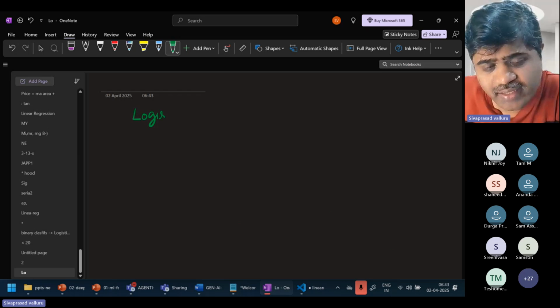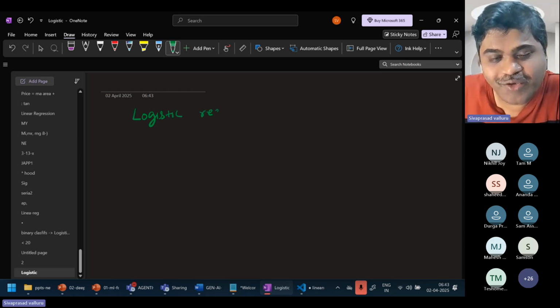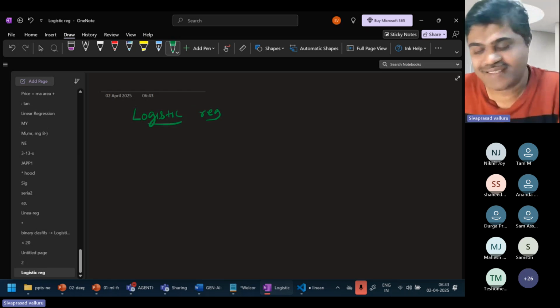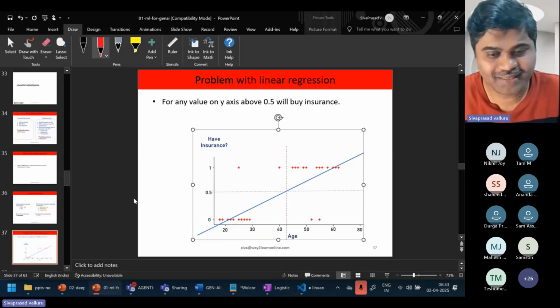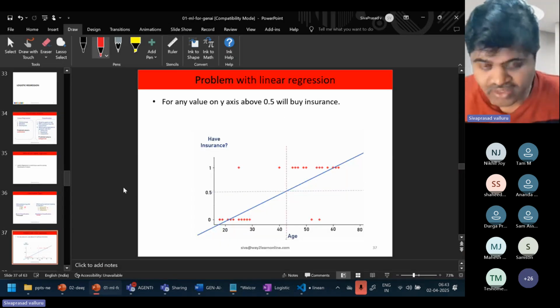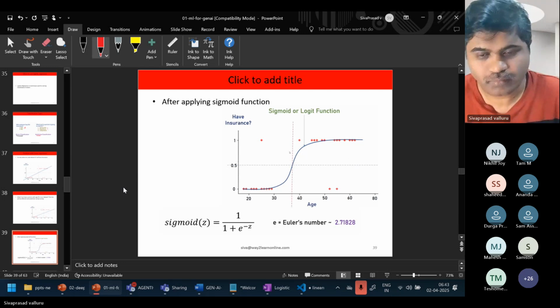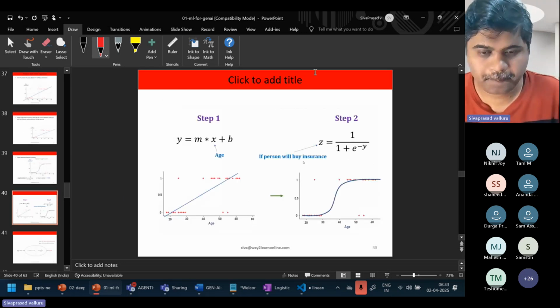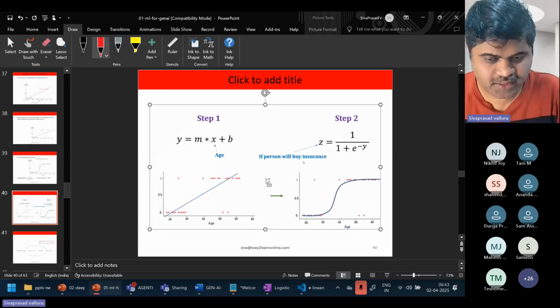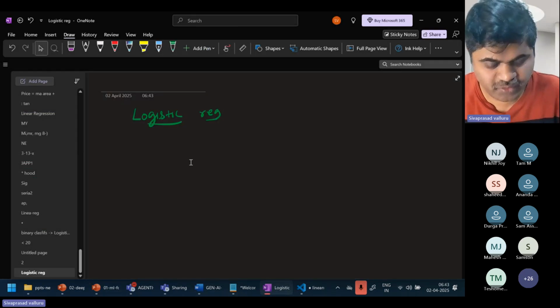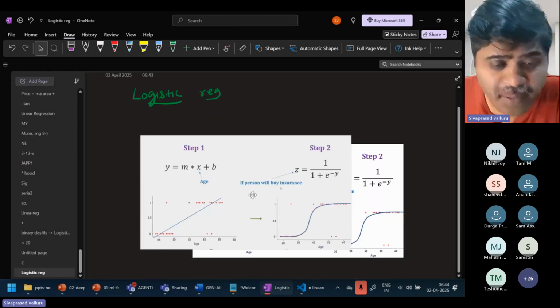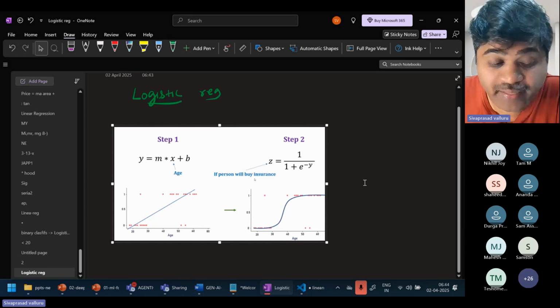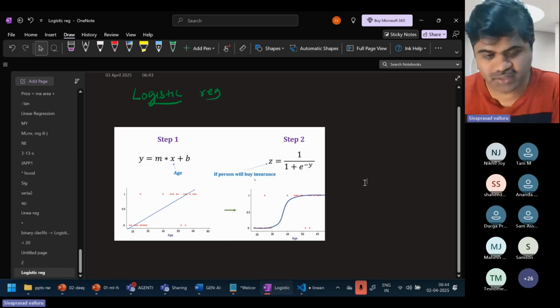In logistic regression, how do we do it? There are two steps in logistic regression. If you want to apply logistic regression, it is a two-step process.